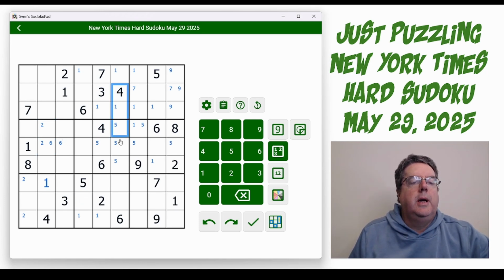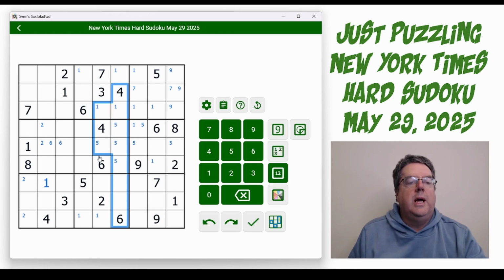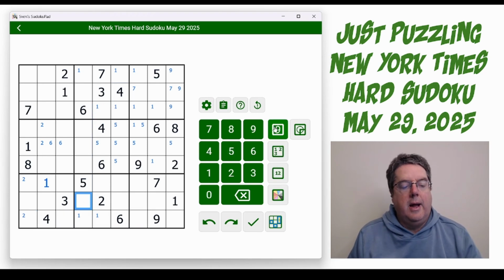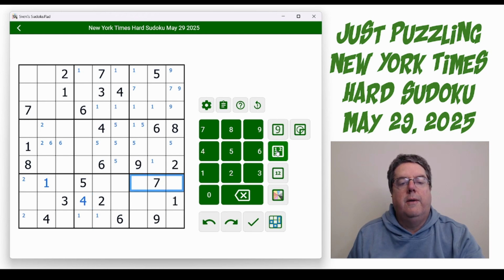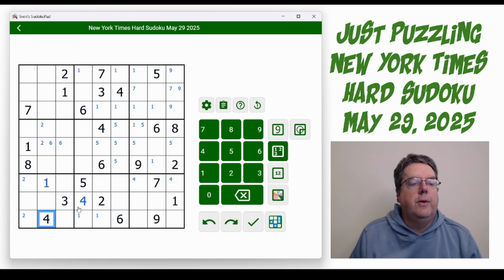4, you can see here there's a 4 there, plus a 4 here, plus a 4 here, leaves that one cell there, so we'll put that in as a 4. We can also then see that a 4 is going to be across here due to these two here.